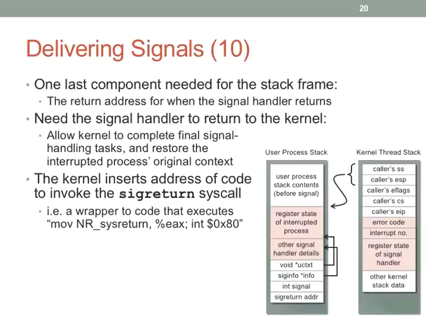It's a system call, so you can see we basically have this little bit of code that has to be invoked. Move the sigreturn system call number into EAX and then invoke int 0x80, or whatever it might be if we're going to do a sysenter or something like that.